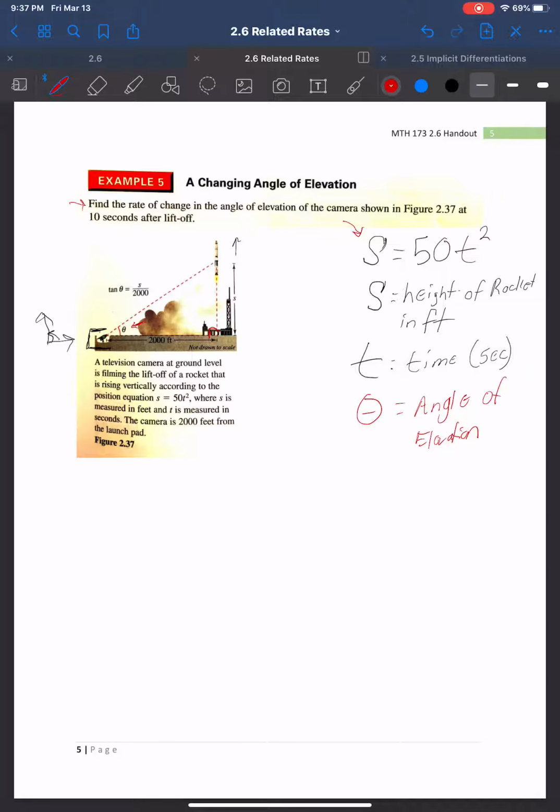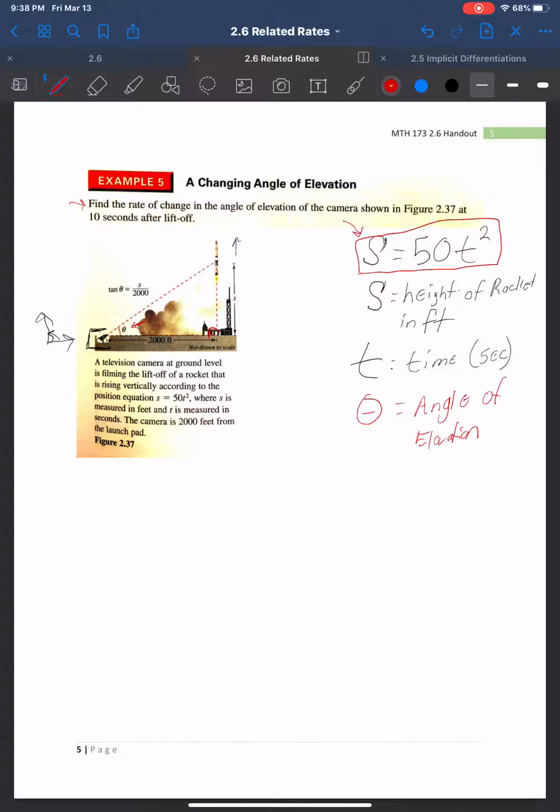It's the angle of elevation of the camera with respect to the ground, really. So now hold on for a second. I'm looking at this position function, and I don't see any theta in there. So taking the derivative of that position function is not going to help me answer this, find the rate of change of theta. But it still may be helpful in the problem. So we'll have to see what else we can figure out.